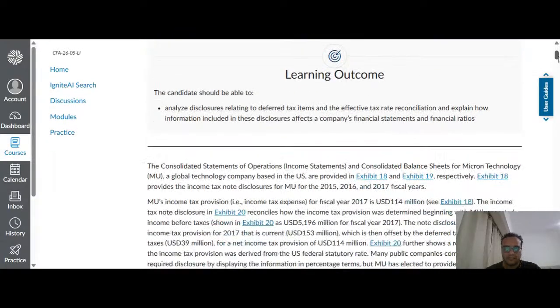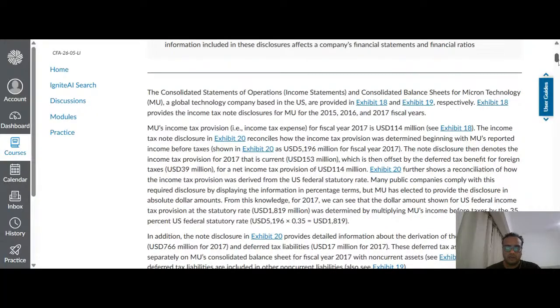Now, coming to the presentation and disclosures, the consolidated statement of operations and consolidated balance sheet.